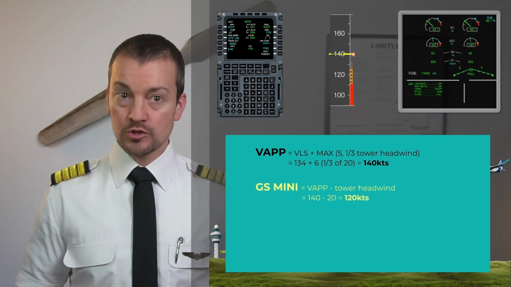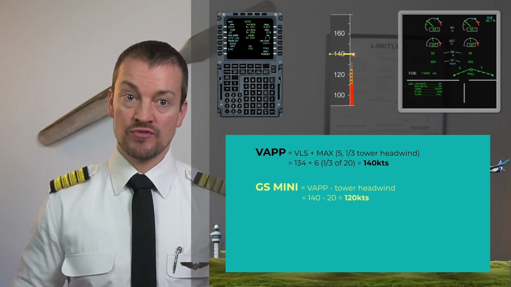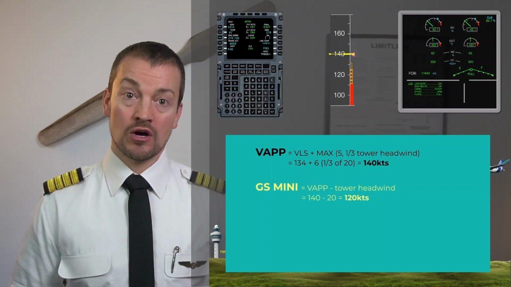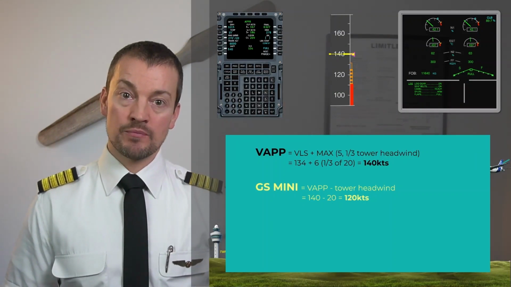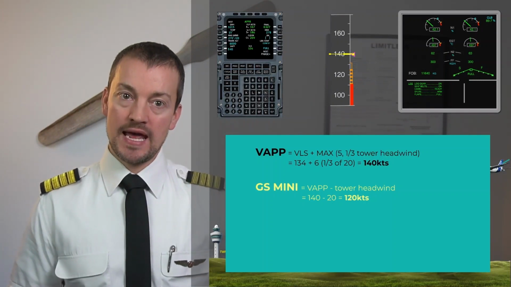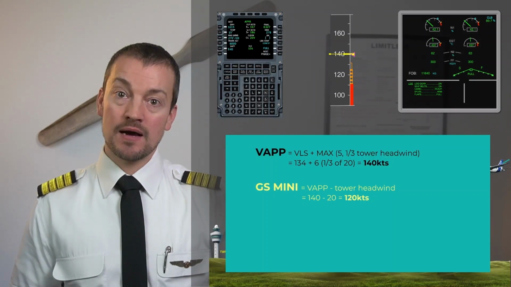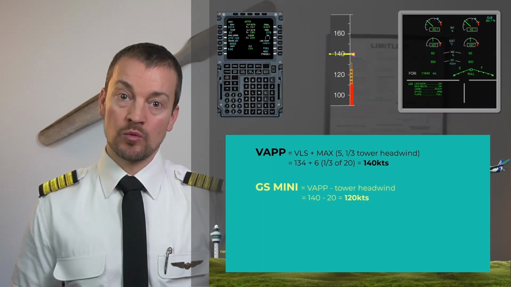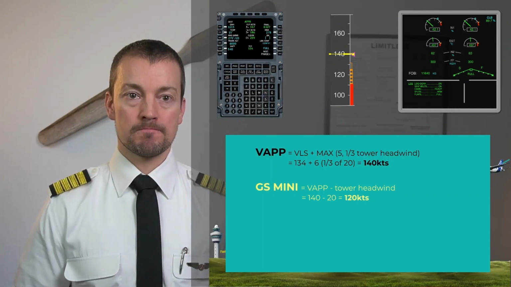The formula used by the flight management and guidance computer and the auto thrust to establish ground speed mini is based on, again, the tower wind you put in. It is using V approach, which is calculated here, 140, minus the tower headwind. Hence, the ground speed minimum in my approach scenario will be 140 minus 20, that is 120 knots.